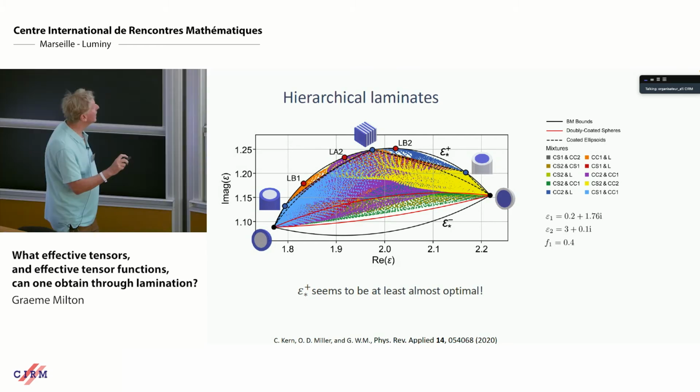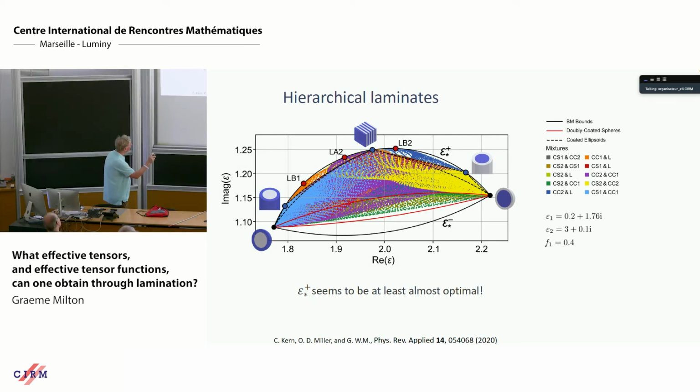First of all, when you look at other laminate geometries, you can actually come very, very close to achieving that bound. And the other bound, we found a bound on the other side given by this red line, which corresponds to a doubly coated sphere geometry. And that can be mimicked by laminate materials.